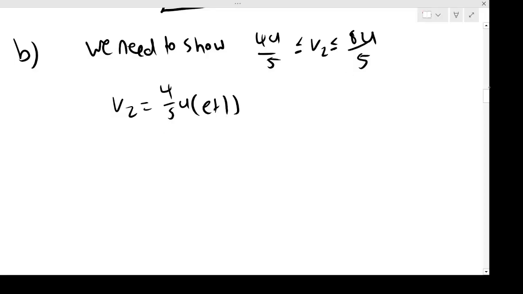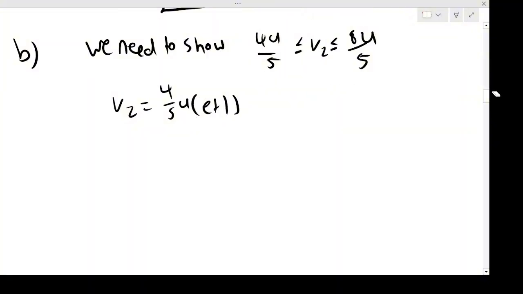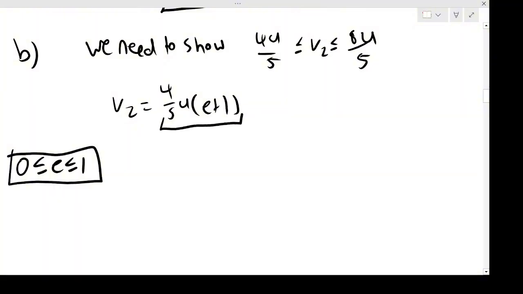Well, actually notice there's an E here but there's no E there. That's a big clue. How can we get an inequality with E? Hopefully you're screaming that it needs to be between 0 and 1. That's the inequality you must remember for E. So what we can do is start from E and work our way up to this whole expression here.